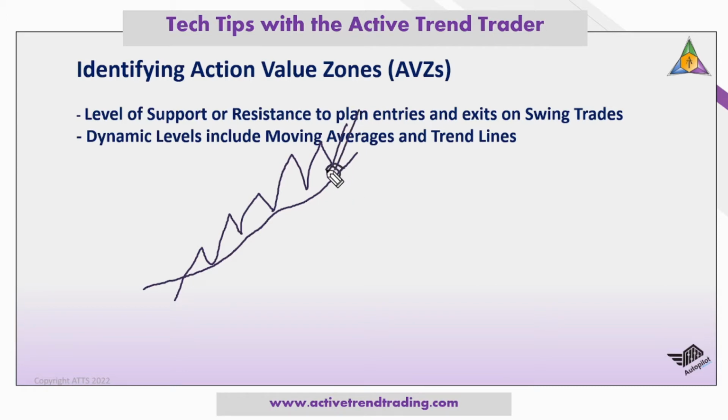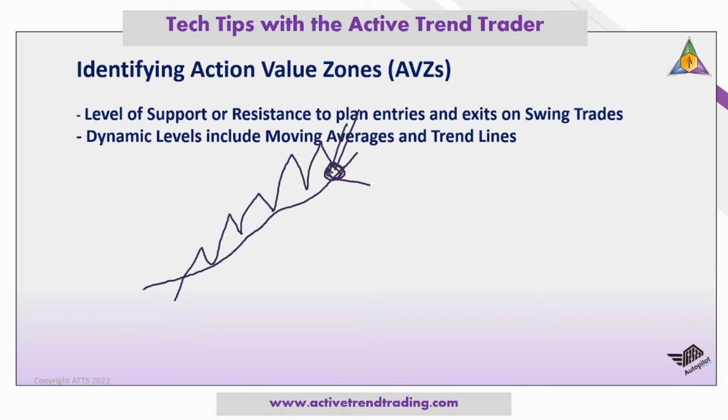Again, it identifies an objective level, a line of demarcation where I'll look to put in a conditional order to take a trade here, but if it fails, it also gives me a real quick ability to exit the trade for a very small loss.